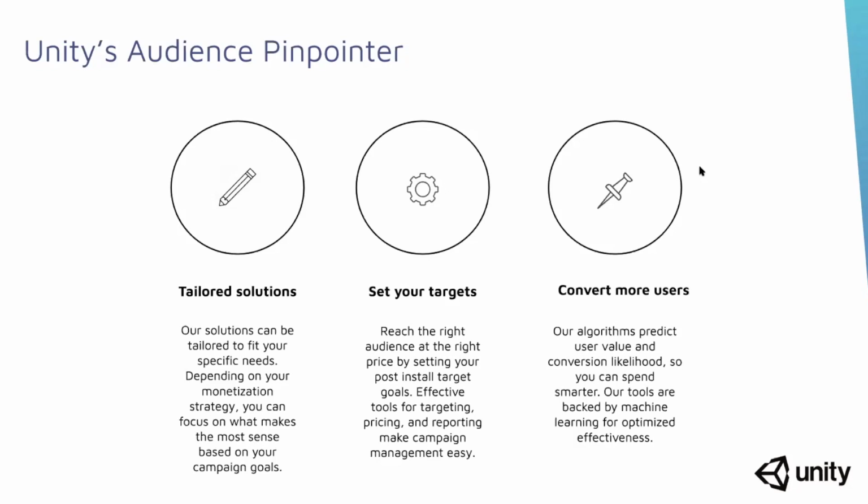And at the end of the day, it is powered by machine learning. The algorithm will predict user value, and in coordination with our conversion algorithm, we'll make sure that you're spending as smart as you can with machine learning backing your campaign optimization.